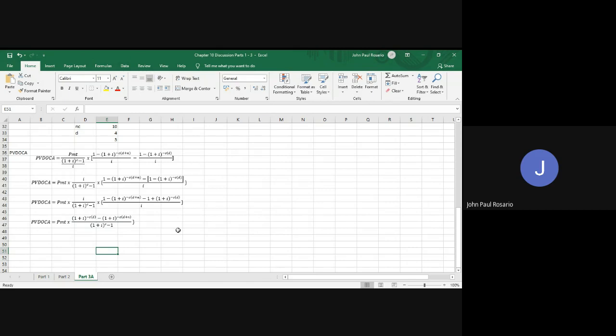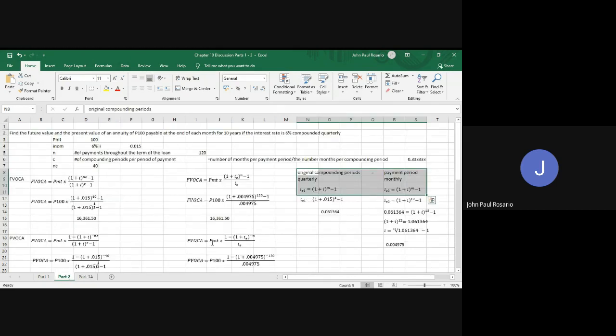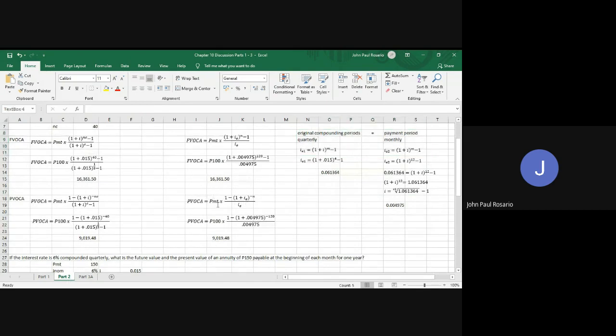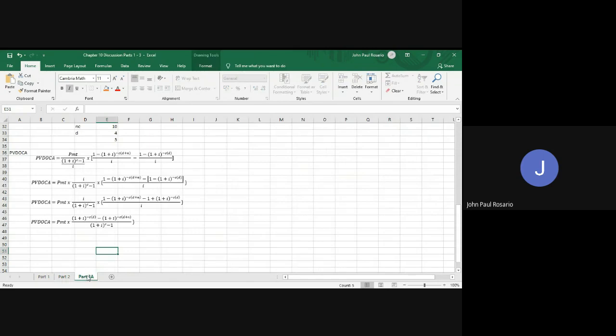Yes. So this will be your final equation for your present value of deferred ordinary complex annuity. While on my part, my equation will still be, what will I use? Yeah, my equation will be this one.